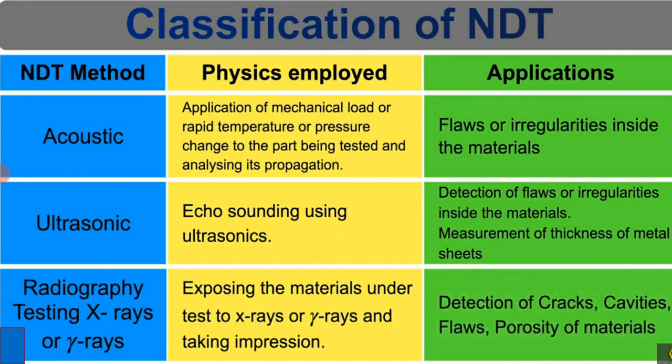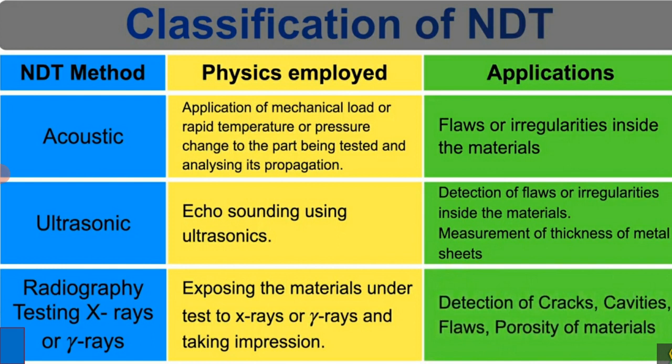Applications: flaws or irregularities inside the material. Second method, ultrasonic: echo sounding using ultrasonics. Applications of ultrasonic: detection of flaws or irregularities inside the materials, and measurement of thickness of metal sheets.